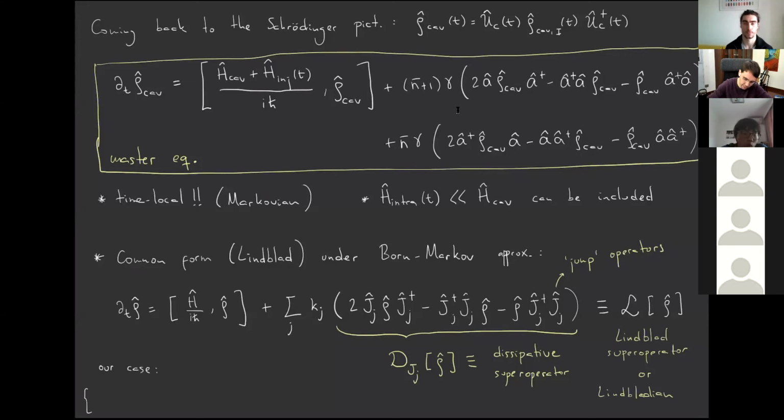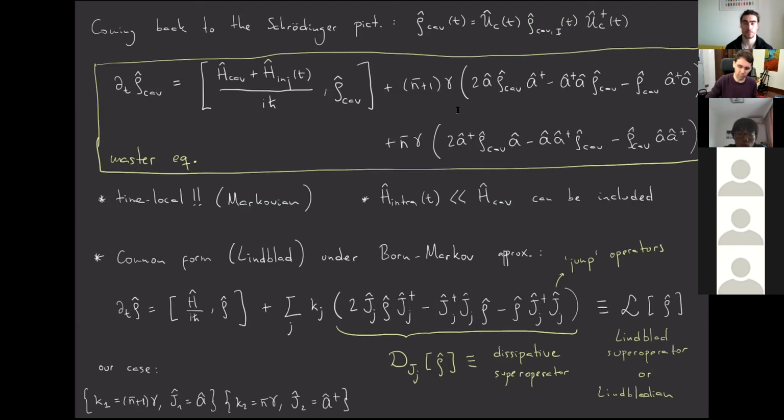let me just explicitly write this: in our case, we have two J's, okay? One with rate n+1 gamma, and the corresponding jump operator J1 is equal to A. And the other one, kappa 2, has rate n gamma, and the jump operator J2 is equal to A dagger.